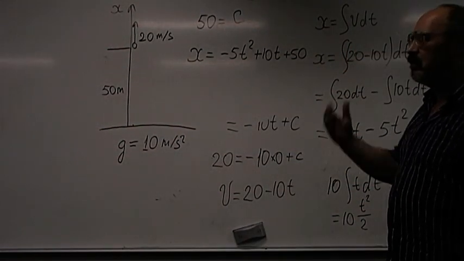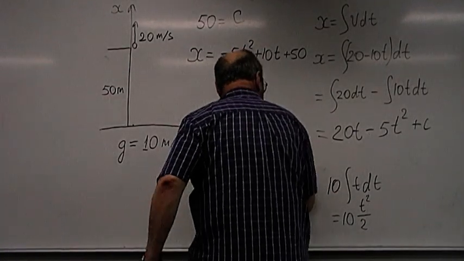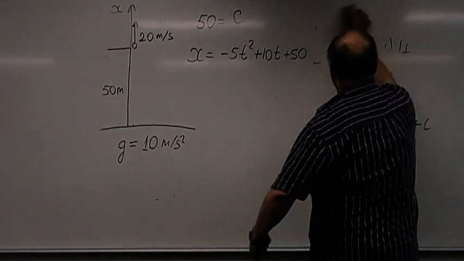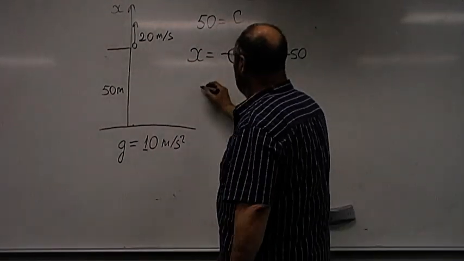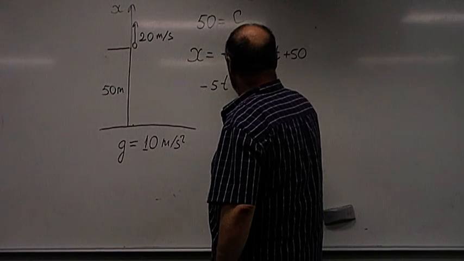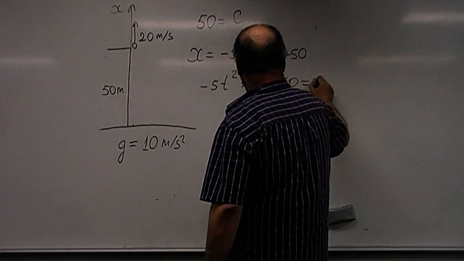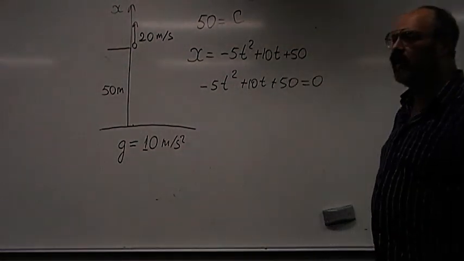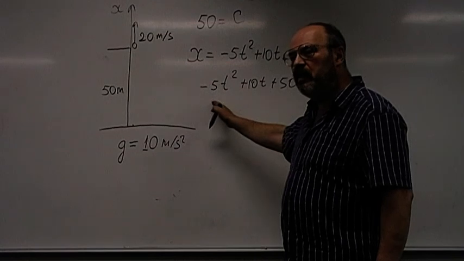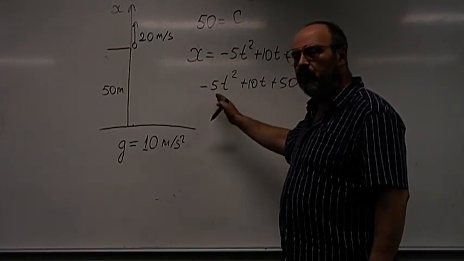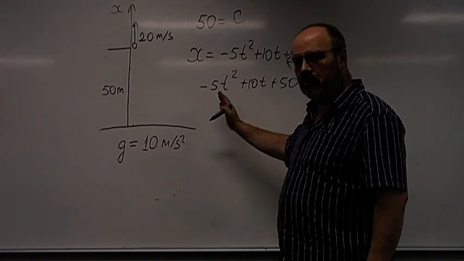We take x equals 0 and we get a quadratic equation: negative 5t squared plus 20t plus 50 equals 0. Simplify, divide everything by negative 5. Remember, always make the squared term positive. That will minimize your chances of making a mistake.